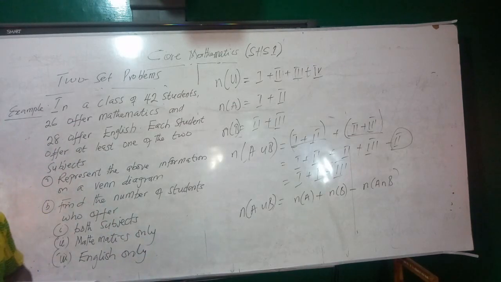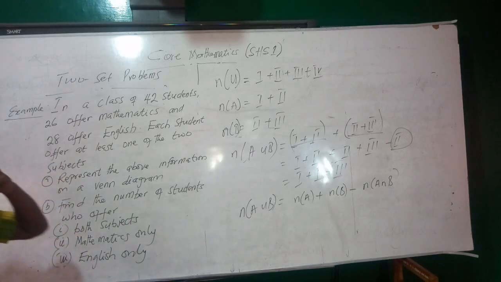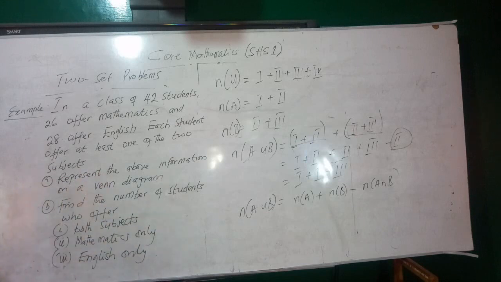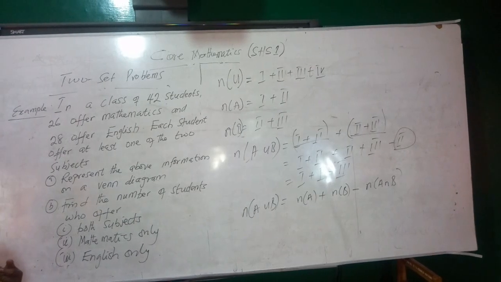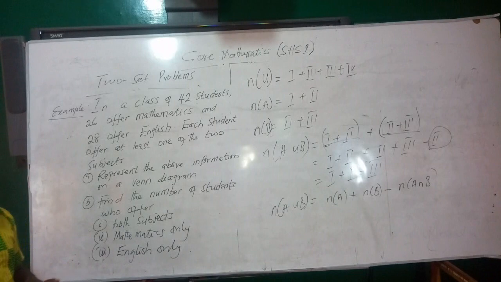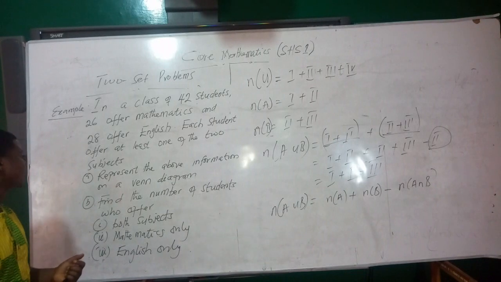Now that's our question. Let me read the question so that we can move to the solution. In a class of 42 students, 26 offer mathematics, and 28 offer English. Each student offers at least one of the two subjects.